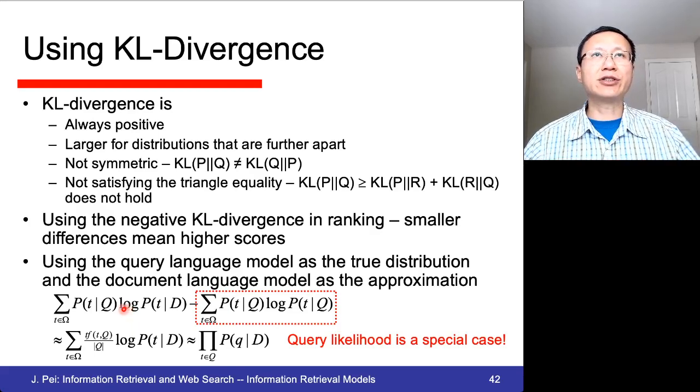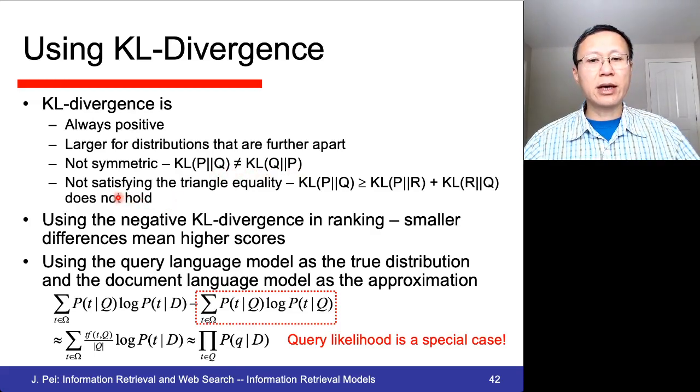And KL divergence is not symmetric, meaning if we switch the position of P and Q, we will get different results. The KL divergence of P based on Q is different from the KL divergence of Q based on P, due to which distribution we use as the base.